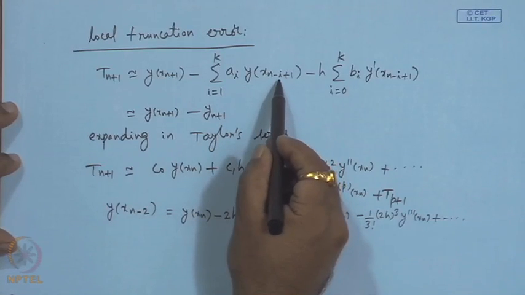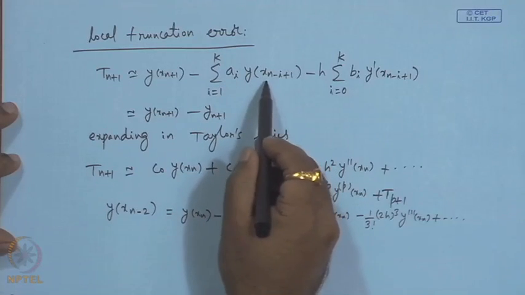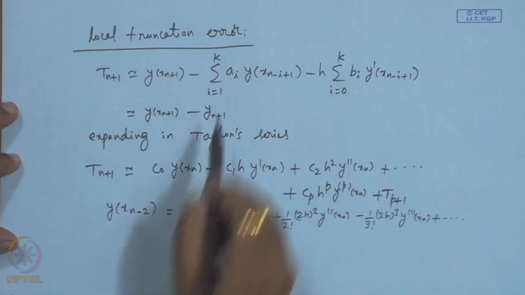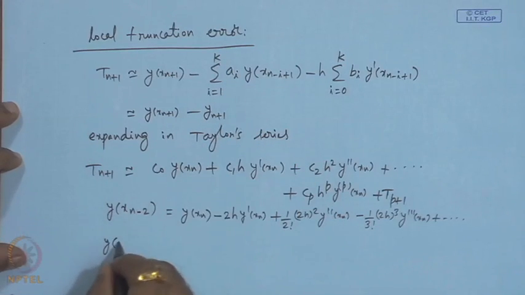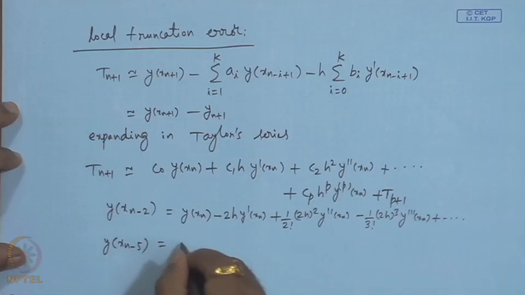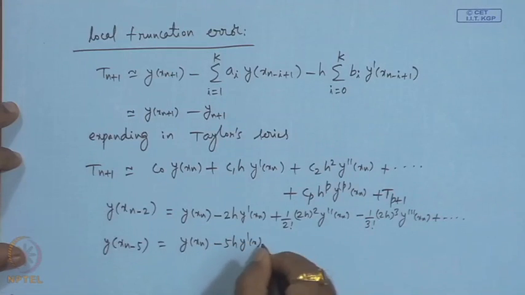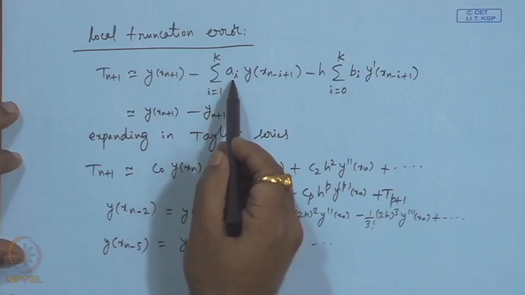Suppose i is 2, then a 2 will be multiplying y of x n, because we have seen here the y of x n coefficient is 1 and a 2 will be multiplying. Suppose y of x n minus 5, so what will be multiplying y of x n? a 5.